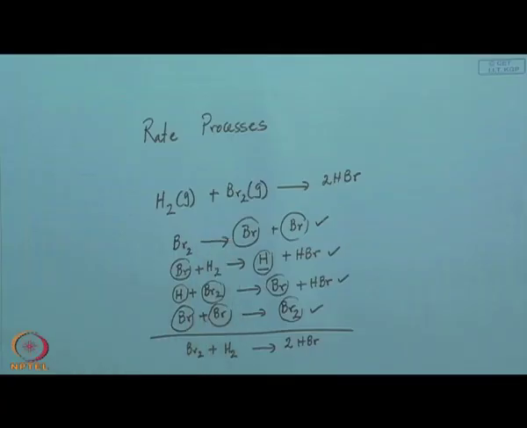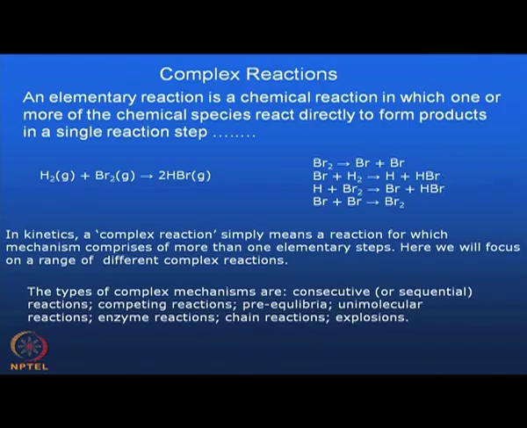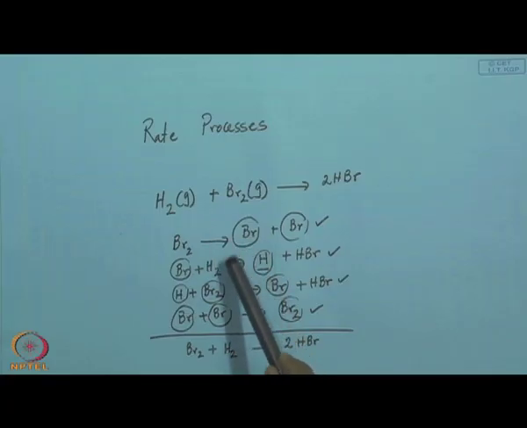In kinetics, a complex reaction simply means a reaction whose mechanism comprises more than one elementary step. That means, if it is a complex reaction, there will be at least two elementary reaction steps.